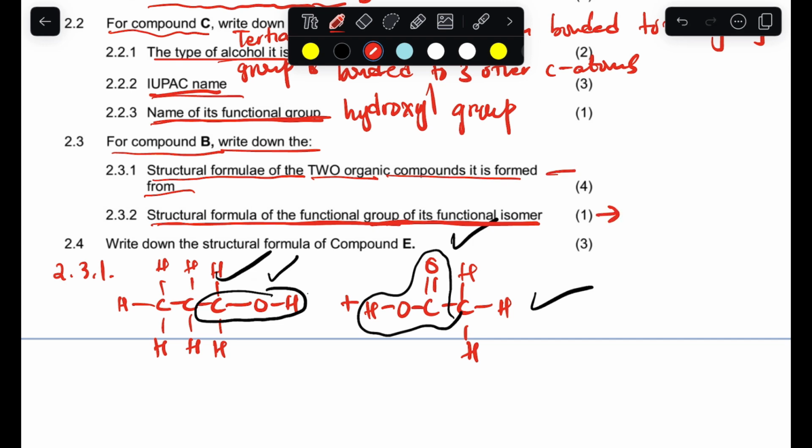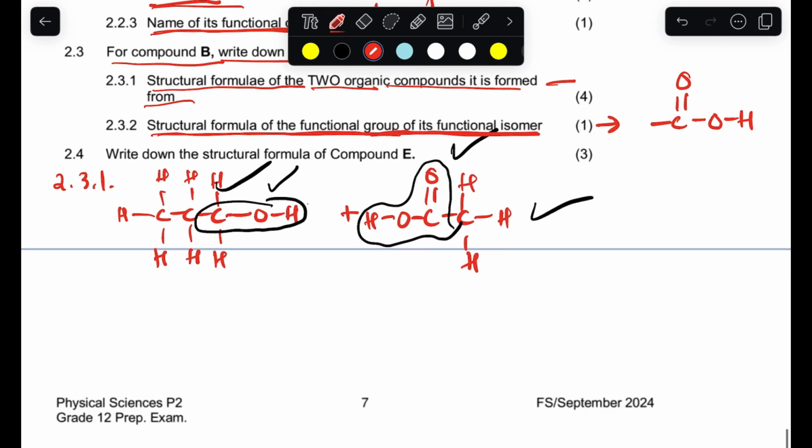No, not that one, this one. So it's going to be a structure for a carboxylic acid. Carboxylic acid, it's a carbonyl with the OH, and you must show that bond there. That is very important, right? You can do it this way as well. The OH can be on this side and the bond on that side, it's the same.